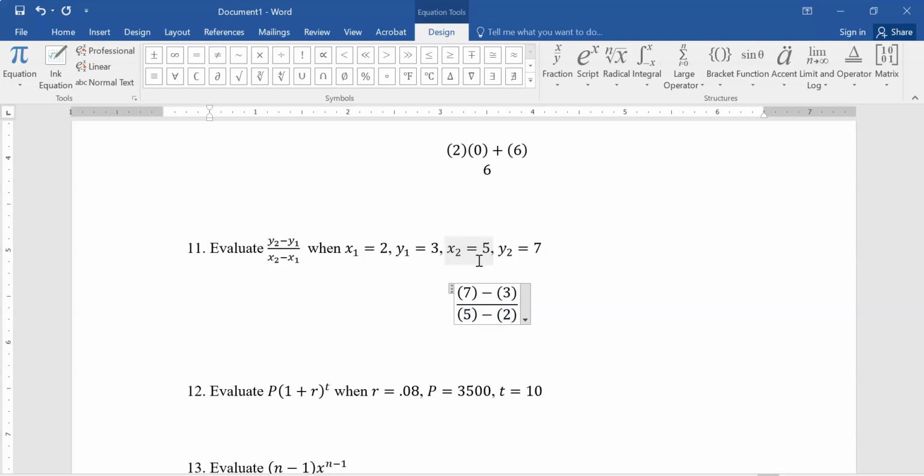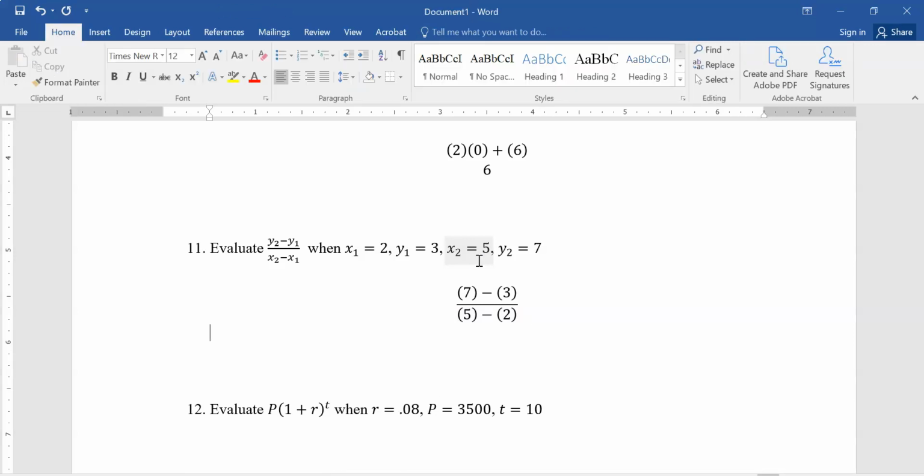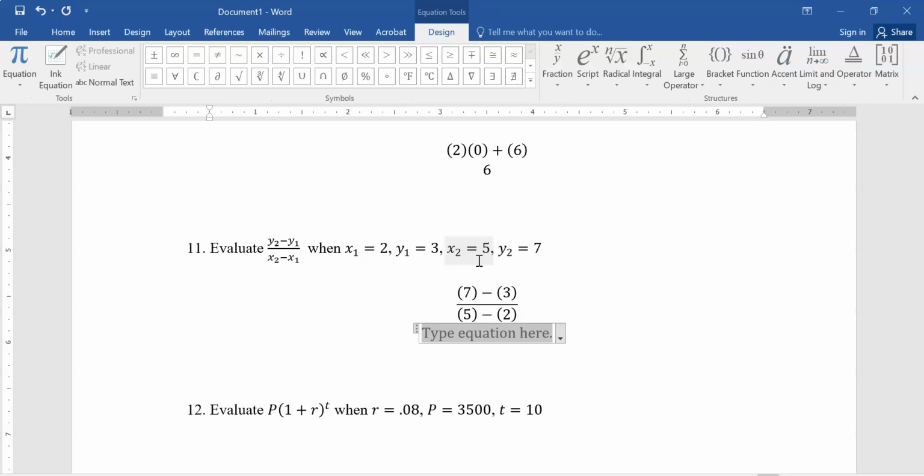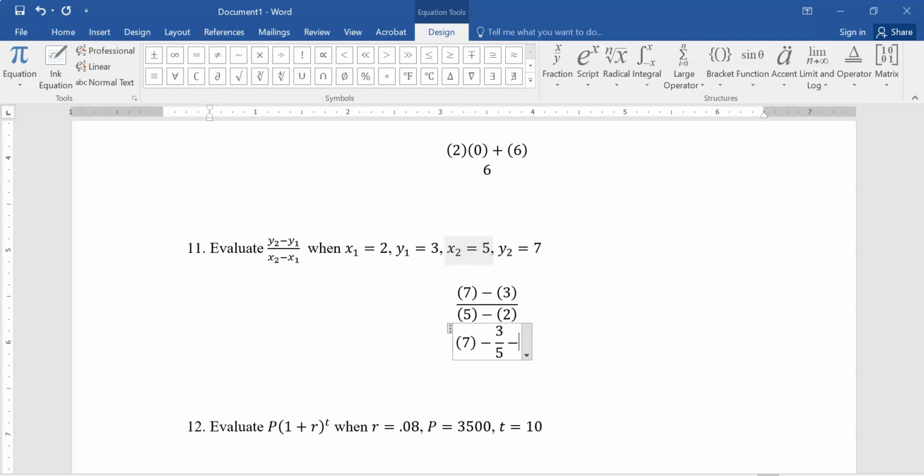Now this one is a little bit tricky, okay? If on your calculator you were to have typed 7 minus 3, and then you would have hit your divide sign, and then you would have hit 5 minus 2, your calculator would have interpreted it just like my computer program interpreted it.